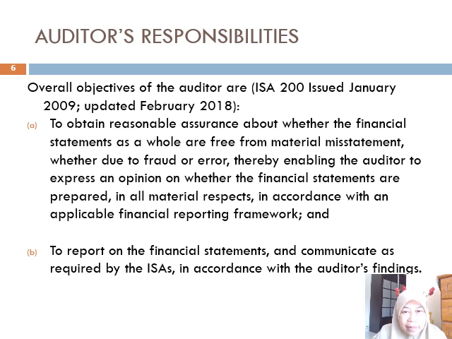According to ISA 200, which I have mentioned just now, the audit objective is for the auditor to obtain reasonable assurance about whether the financial statements as a whole are free from material misstatement, whether due to fraud or error, thereby enabling the auditor to express an opinion on whether the financial statements are prepared in all material respects in accordance with an applicable financial reporting framework.